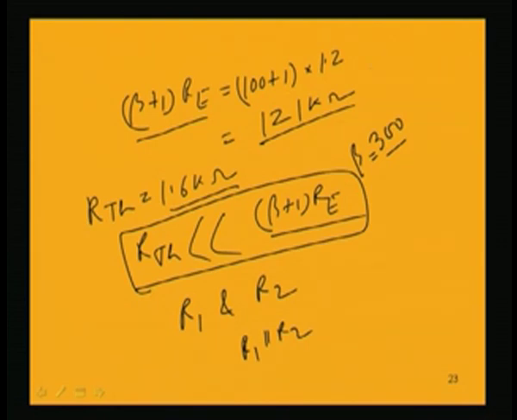Because if beta is equal to 300, beta plus 1 is 301, and 301 into 1.2 k will still be higher as compared to this Thevenin resistance of 1.6 kilo ohm.